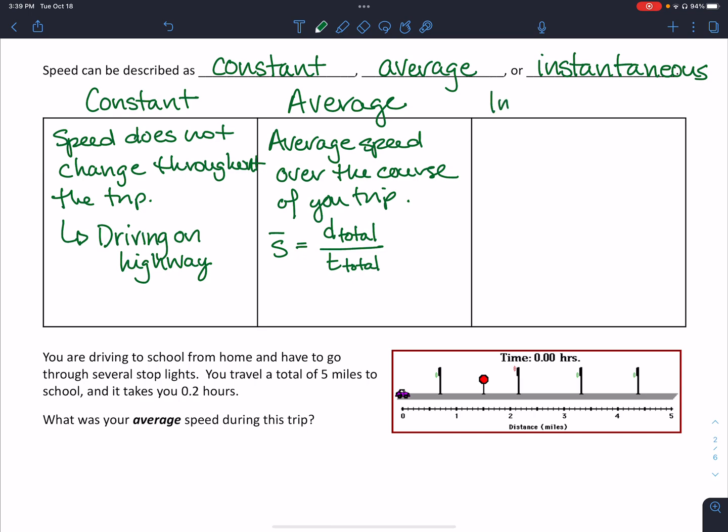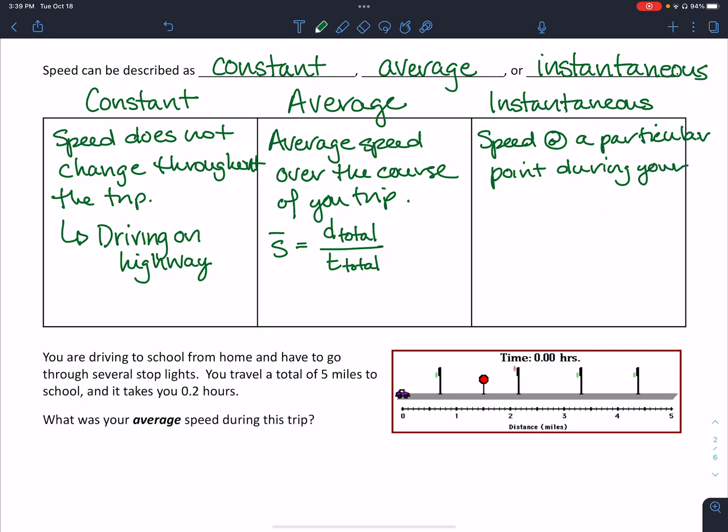All right, and then last, we talk about instantaneous speed. Instantaneous speed is going to be your speed at a particular point during the trip. It's not constant.